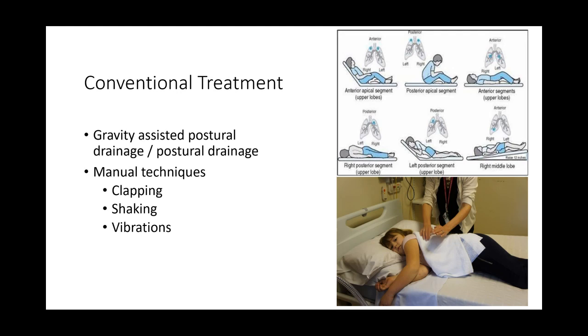Or if the patient is unable to take deep breaths, it should be for no longer than 30 seconds, again, in order to prevent desaturation. Shaking and vibrations should be performed when the patient is exhaling after a deep inspiration where possible. Again, in order to get the most optimal effects of oscillations within the airways.